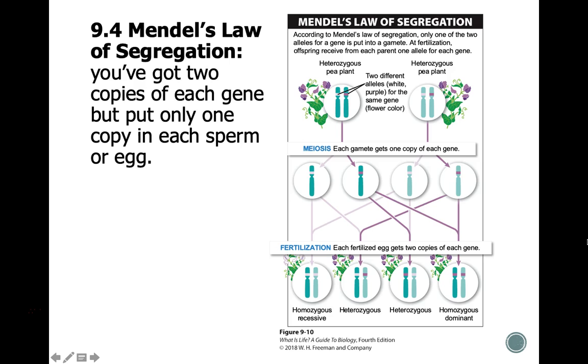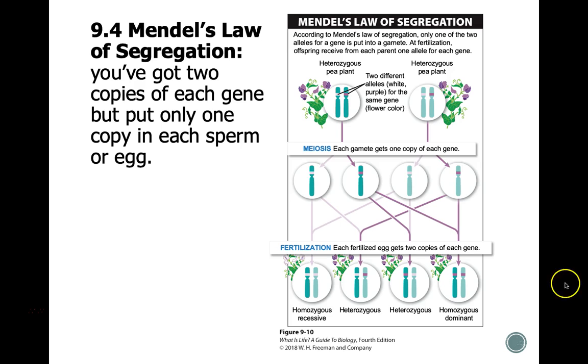So another way to think about this is that if a parent is heterozygous, half of their gametes are going to get 1 allele and half of their gametes are going to get the other allele. So there's sort of your flip of a coin. If you're heterozygous, there's an equal chance of either one of your chromosomes to be separated into a particular sperm or egg.